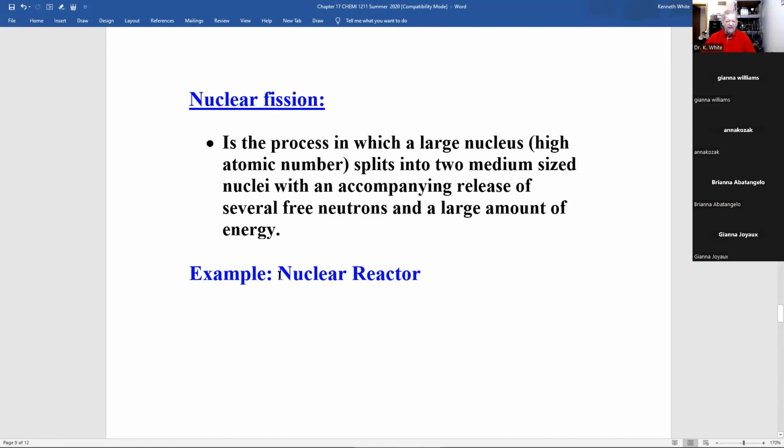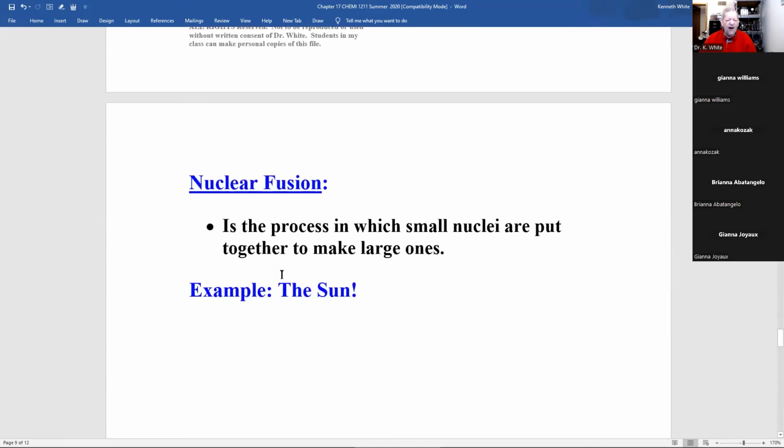Now the other type is called nuclear fusion. Nuclear fusion is a process where you take two small nuclei and slam them together to make a larger one. They collide together, and immense energy is given off when that happens. And where's that happening? The sun. You take two hydrogens together, and you make helium.